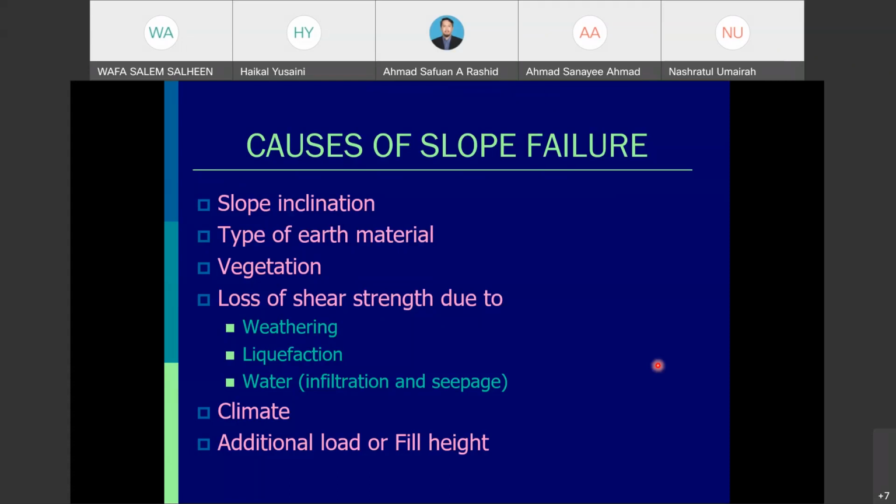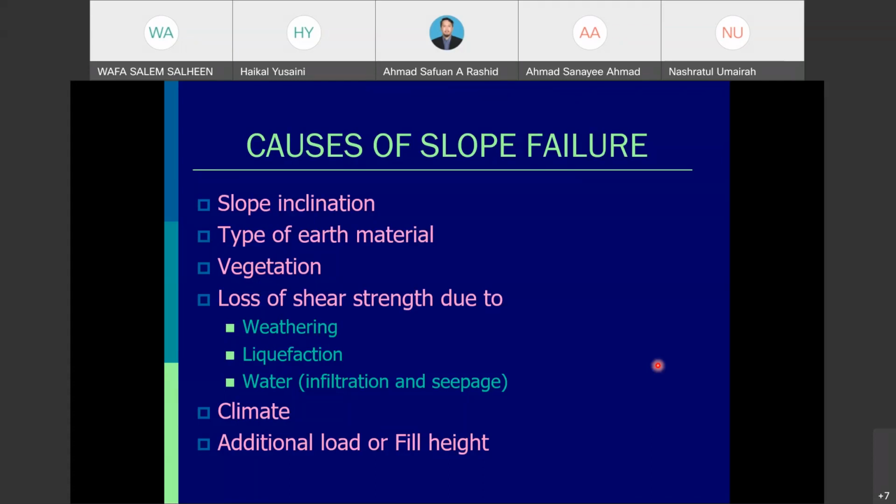We may discuss that later. And also the vegetation that grows on the slope surface, on the toe, and also on the top. Then the loss of shear strength.